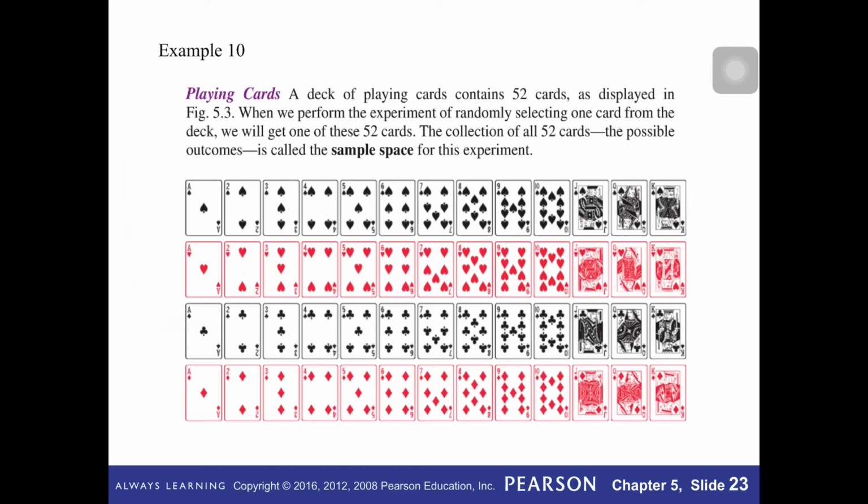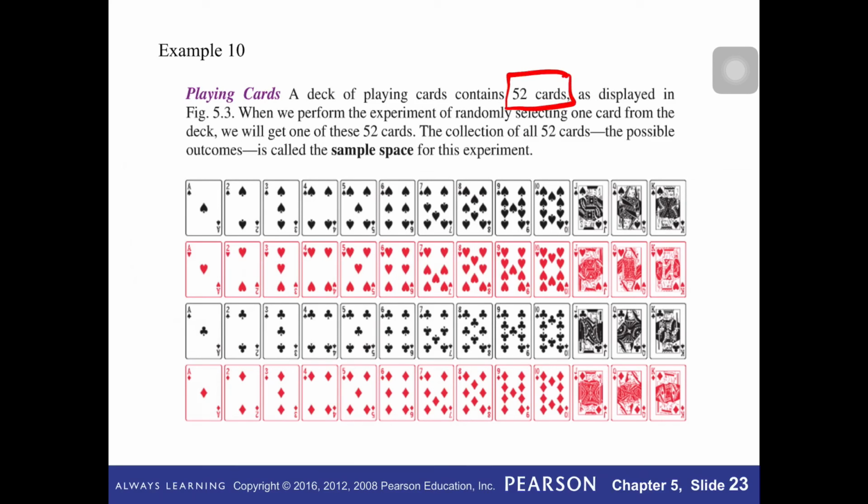This example again, we are trying to deal with some kind of problems by using these probability techniques. So let's check this one. Playing card, a deck of cards contains 52 cards.